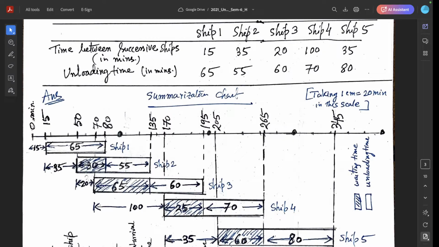Time is in minutes. After 15 minutes the first ship enters the harbor, and from 15 up to 80 minutes is the unloading time for ship 1, which is 65 minutes.